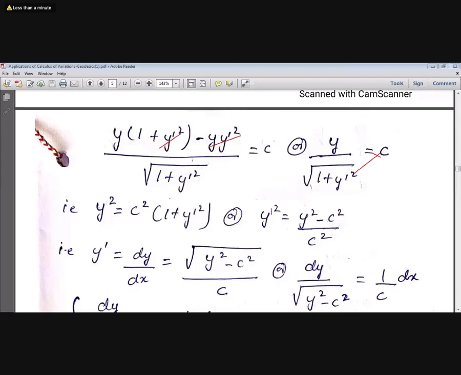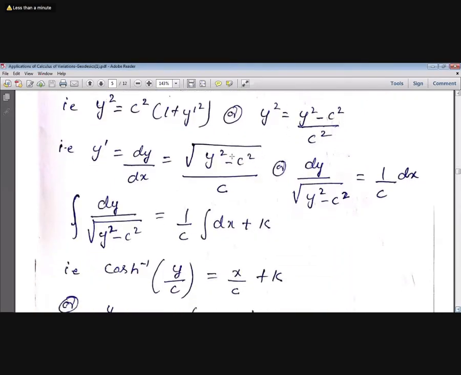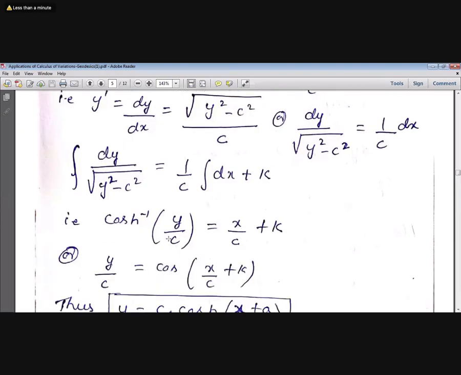Now variable separable method. Variable separable method means dy by root of y square minus c square equals dx by c. So integration of dy by root of y square minus c square, 1 by c as it is, integration of dx plus k.